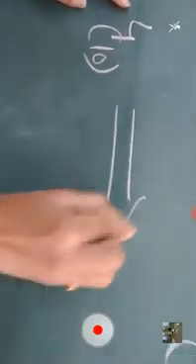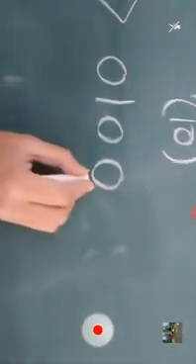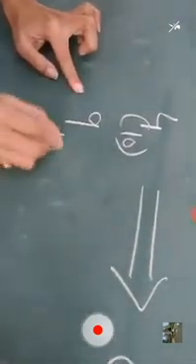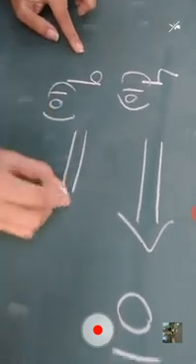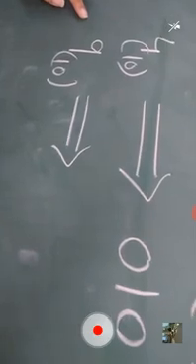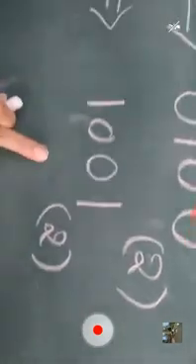So its binary equivalent value is 0 1 0 0 base 2. Similarly, 9 to the base 10, its equivalent binary value is 1 0 0 1 base 2.